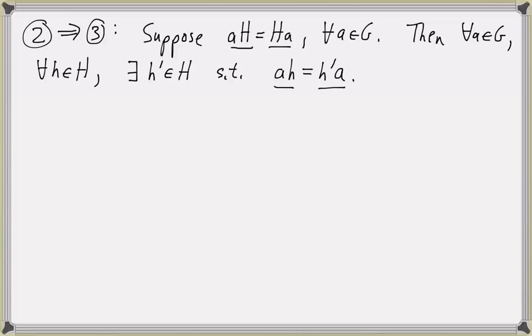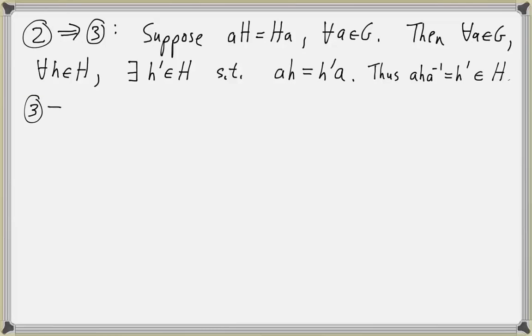We don't know that the individual elements can commute. Well, since Ah equals h prime A, we see that A inverse h A equals h prime, and that is an element of H. So for any element A in G, and for any element h in H, the conjugate A inverse h A is an element of H. So that proves statement 3.